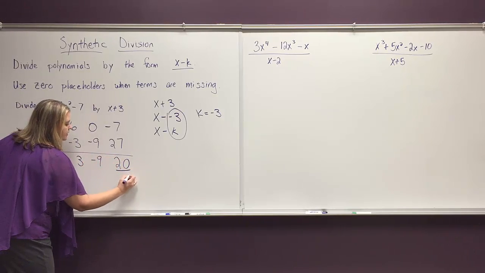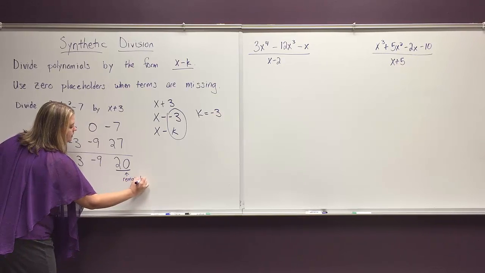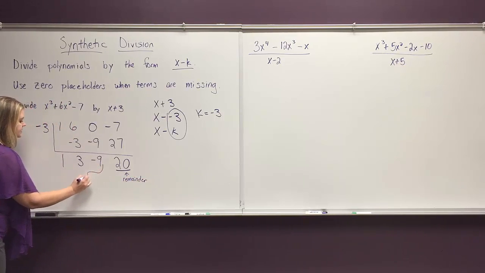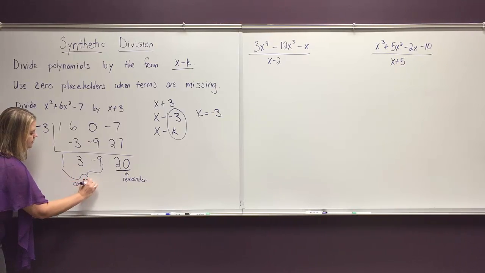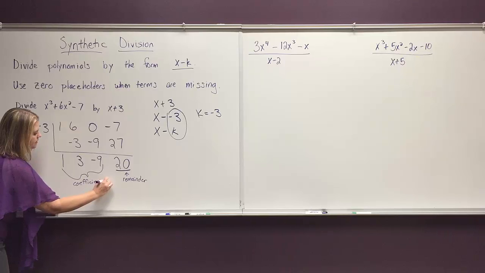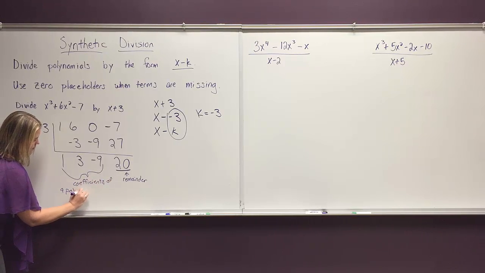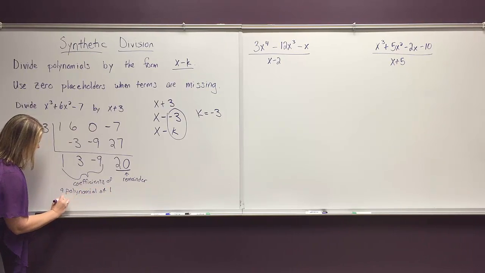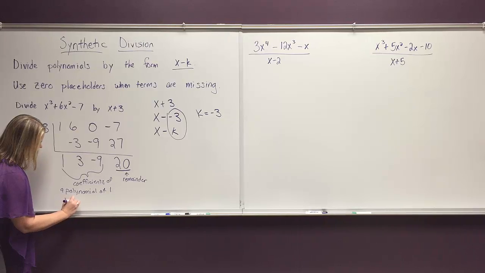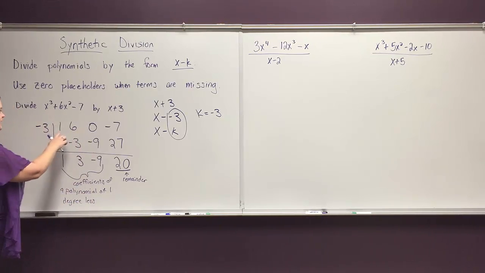This last number here, this is my remainder. And these are the coefficients of a polynomial of 1 degree less than what I started with, than the dividend.